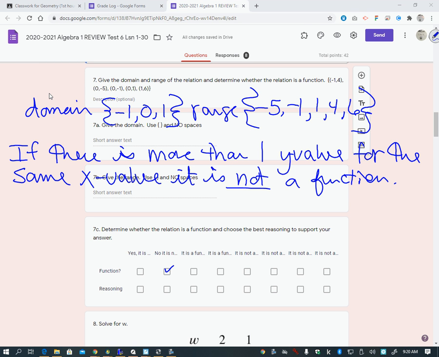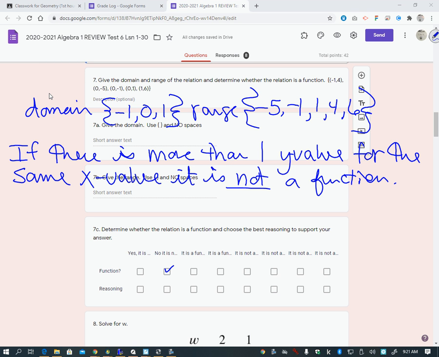Look at your x values. Are there any x values that repeat? 0. Do all of those zeros have the same y value? No. That is what makes them not a function.